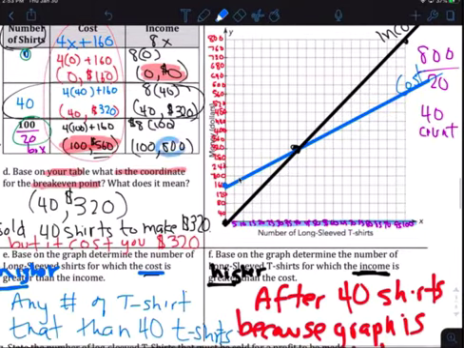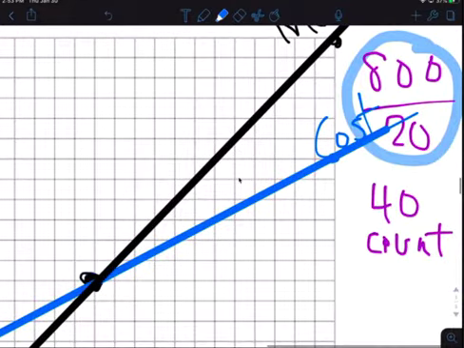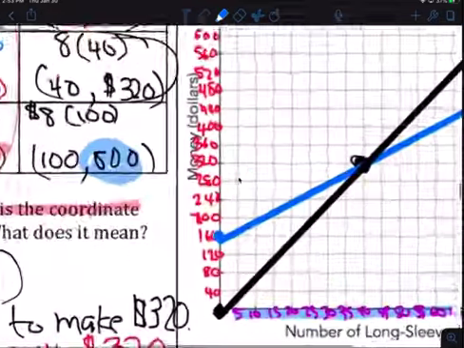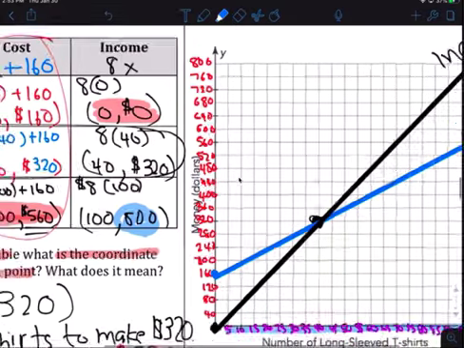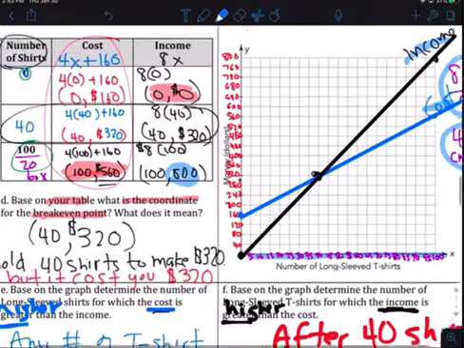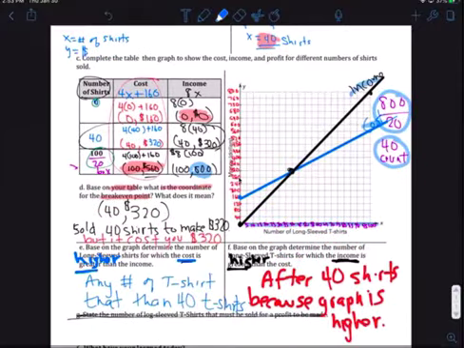And then the highest dollar amount is 800, so we divide 800 by 20. There's 20 boxes. We count by 40. Notice we count by 40 here, up, and then we graph them and label. It's important to label your cost and income line, and then answer the questions like that. I hope this helps. Okay?